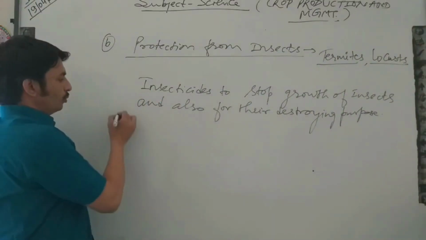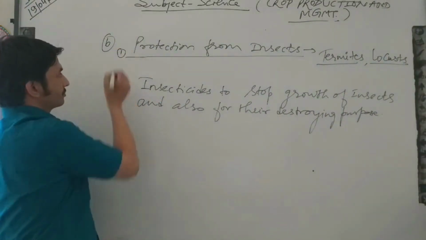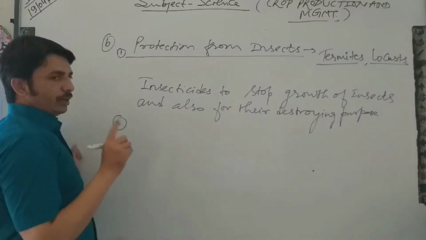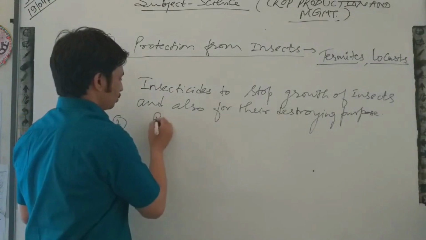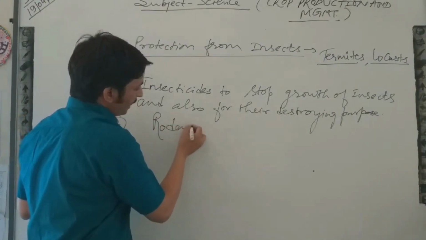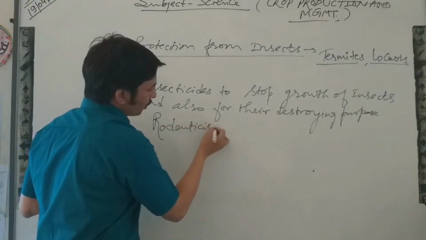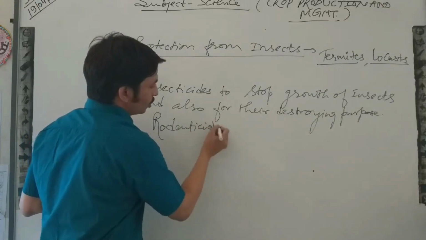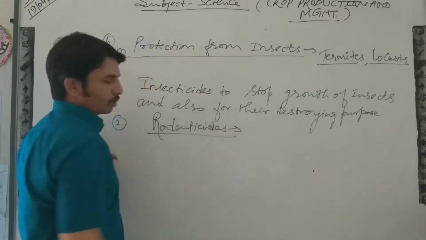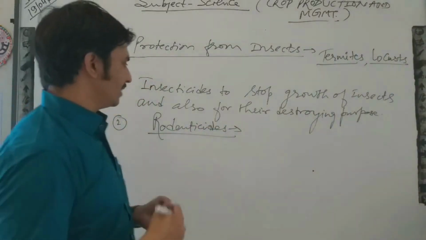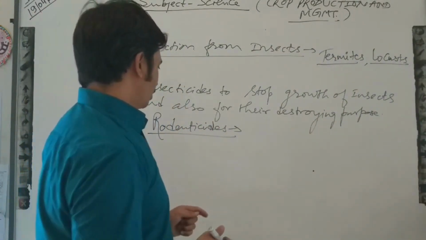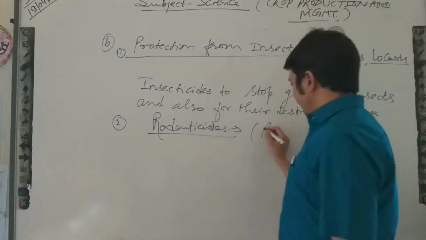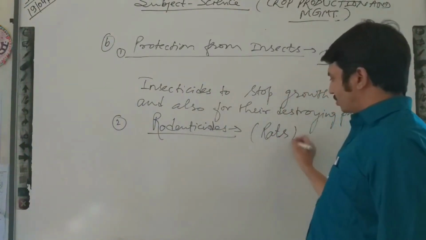Now we have to stop the growth of rodents also, because rodents also affect the growth of the plant. They are damaging the roots of the plant. So what will happen? Plants will not grow. Rodenticides are for rats.